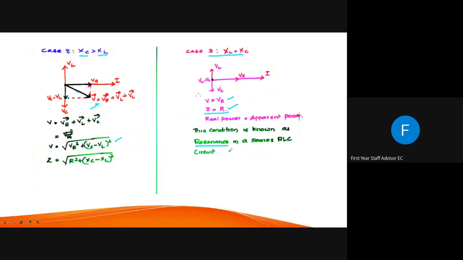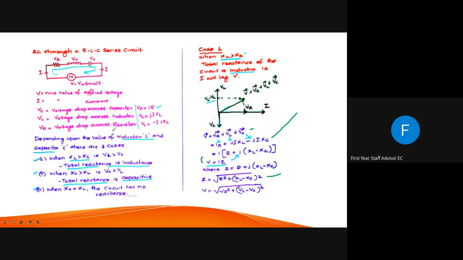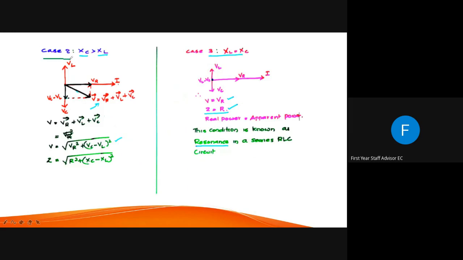Okay. Similarly, next case. I will explain how to draw the phasor. I am removing this. Again, what is the second condition? Second condition: capacitive reactance is greater than inductive reactance. So what we do is we will draw the phasor.